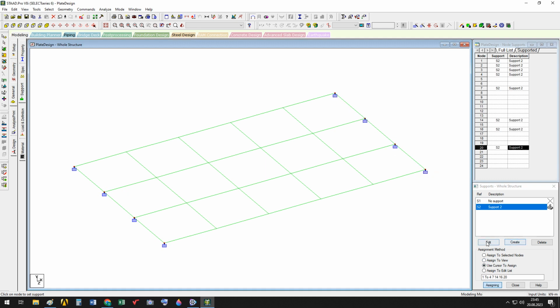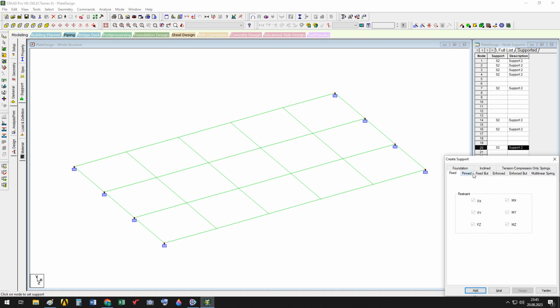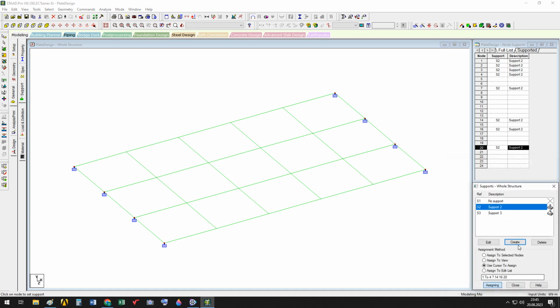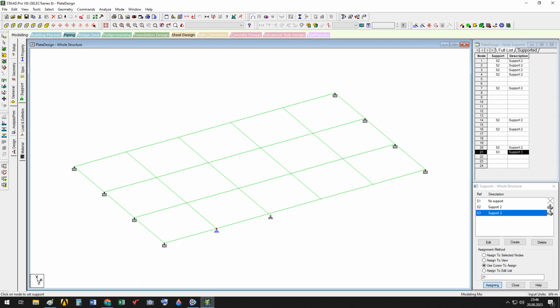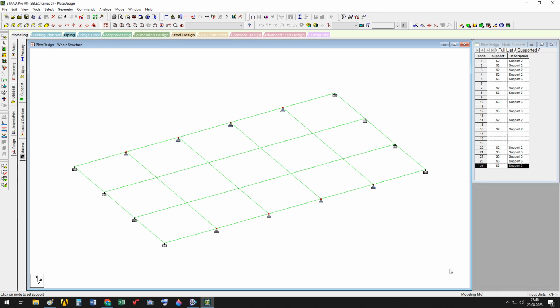I want different support types along those edges. Click OK.